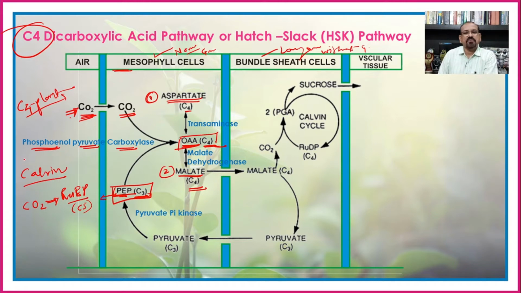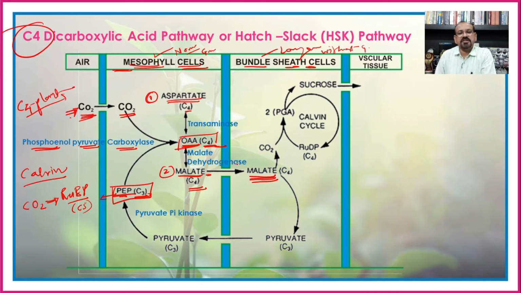Though there is formation of oxaloacetic acid, and later on it equilibrates into aspartic acid and malic acid, only the malic acid is transported from the mesophyll cells to the bundle sheath cells. So this malic acid is transported to the bundle sheath cell.